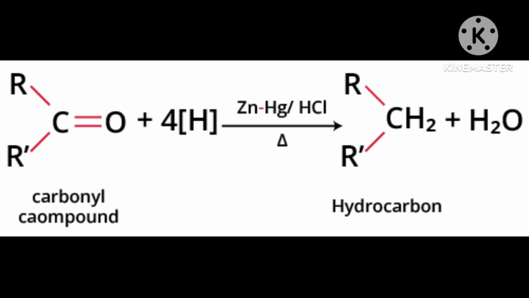The carbonyl group of aldehydes and ketones is reduced to CH2 group, that is also called methylene group, on treatment with zinc amalgam and concentrated hydrochloric acid.